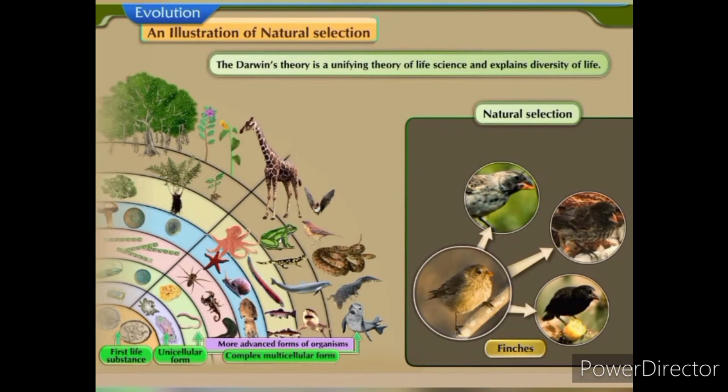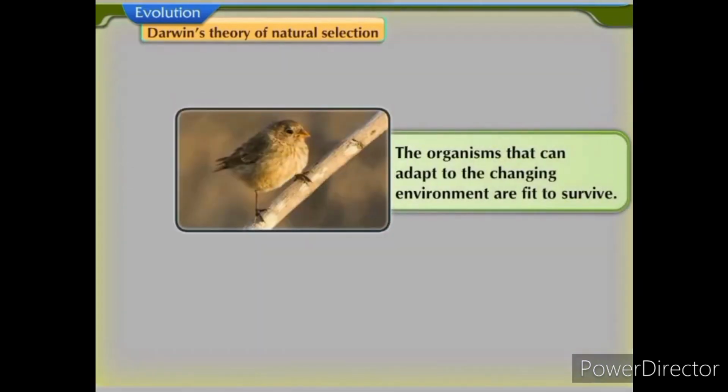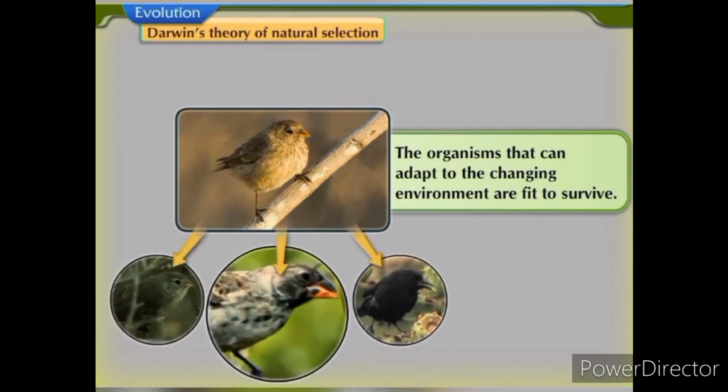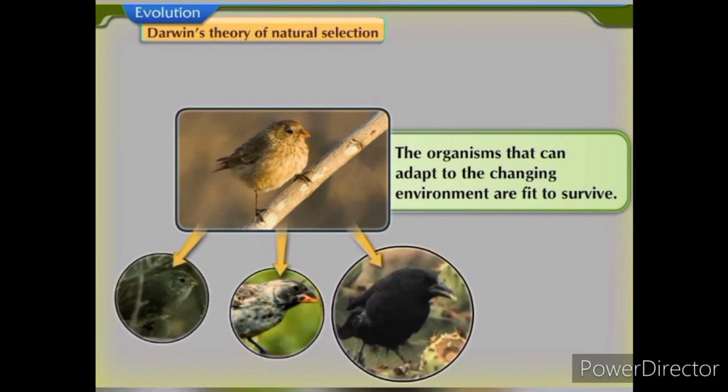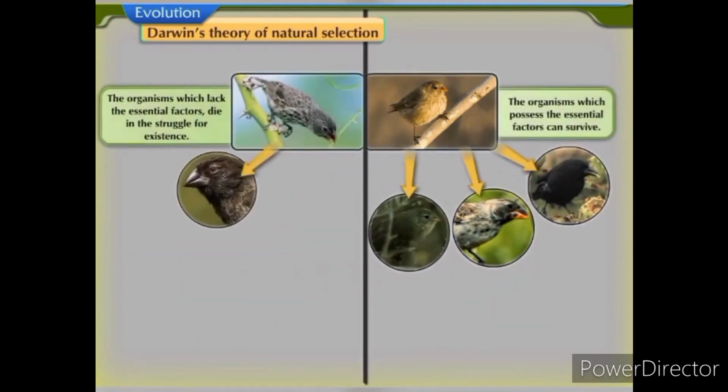Let us now study Darwin's theory of natural selection. Darwin assimilated and analyzed the observations of his data and suggested that only those who are fit for the changing environment have the right to survive. The organisms which are unfit are eliminated and ultimately die.